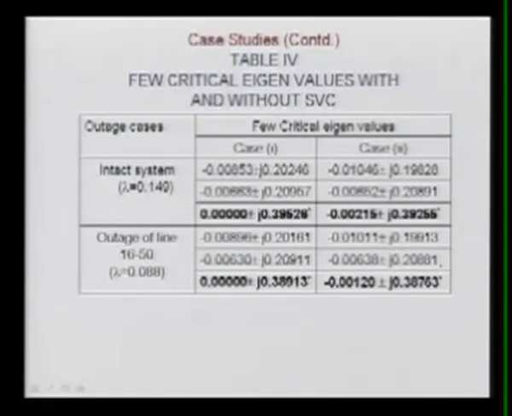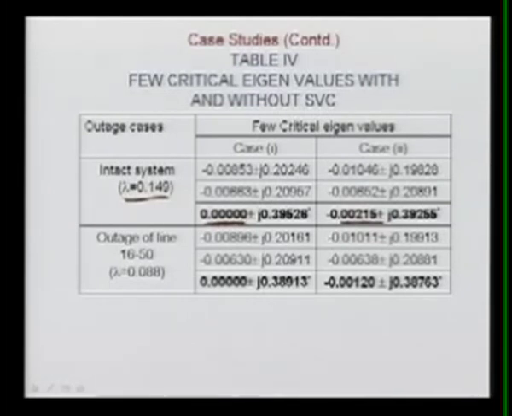Here you can see a few critical eigenvalues for the intact system. When the loading was this, this value becomes 0, a Hopf bifurcation. However, in case 2 where you place the SVC, you are getting 0.01. So this is without and this is with.